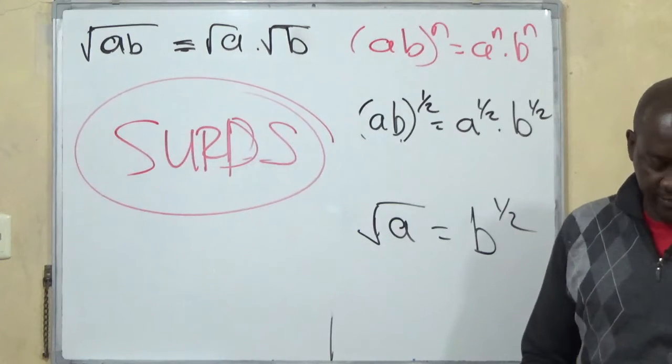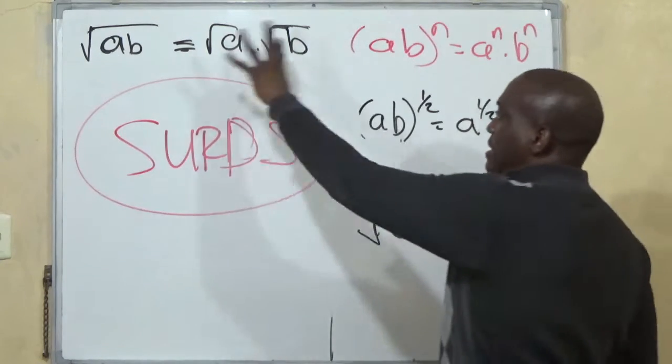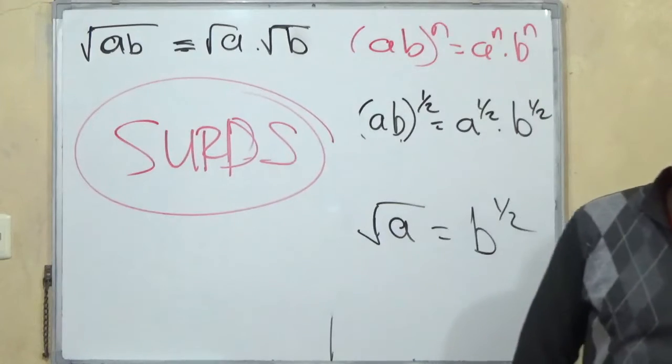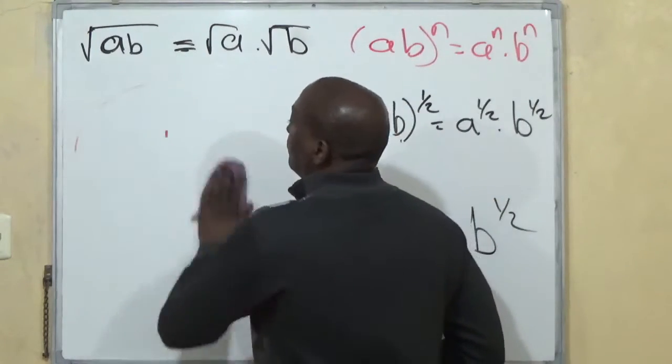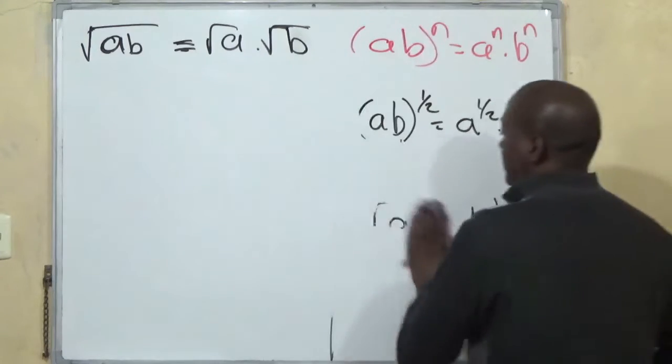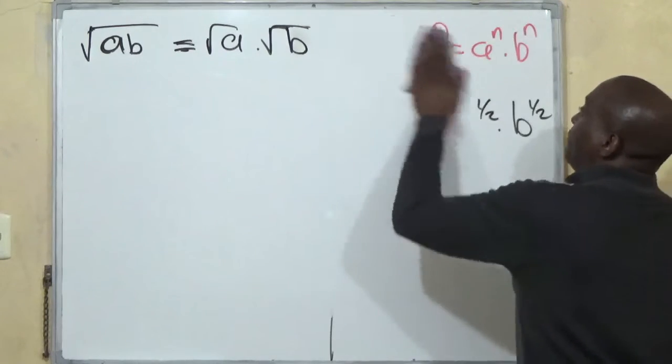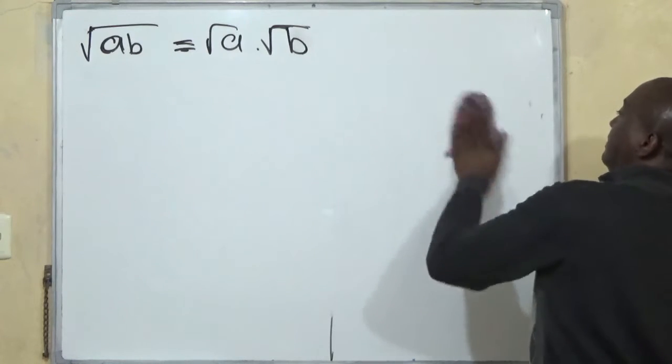Rule number 12 is a variation of rule number 11. In rule number 11 we multiply, in rule number 12 we divide.